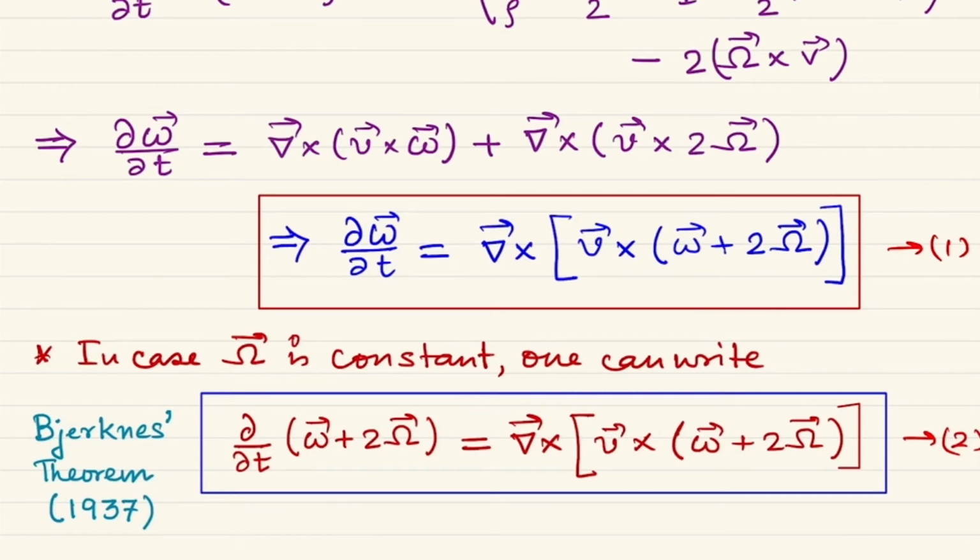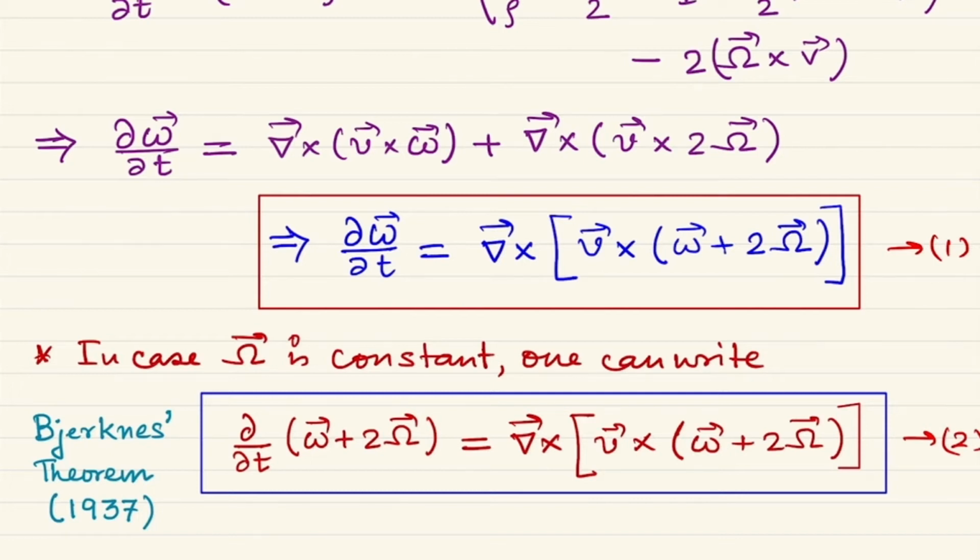But what I am trying to say is that if you make a setup where the setup is rotating with an important omega, then even if the initial vorticity is absent, with time you will see the vorticities developing inside the fluid. So that is a stark difference between the normal frozen-in theorem and this frozen-in theorem for the case of rotating fluids.